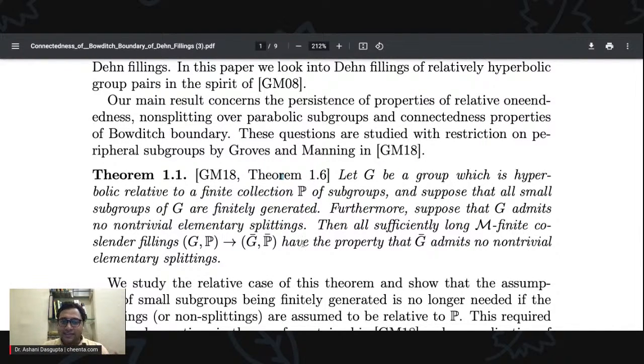What they essentially said is that under certain conditions, the Dehn fillings cannot be factorized if the original group cannot be factorized. Remember, I talked about splittings some time ago in another seminar here. If you were there, that's great.